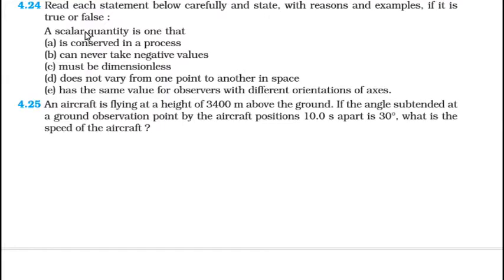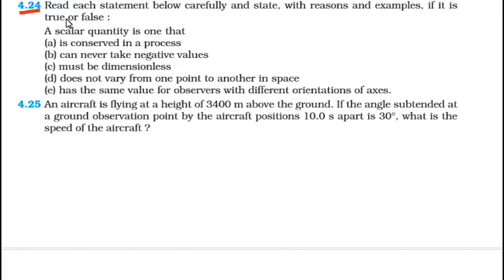Now let us move to the next question, that is problem 4.24. Read each statement below carefully and state with reason, and an example if needed, whether it is true or false.